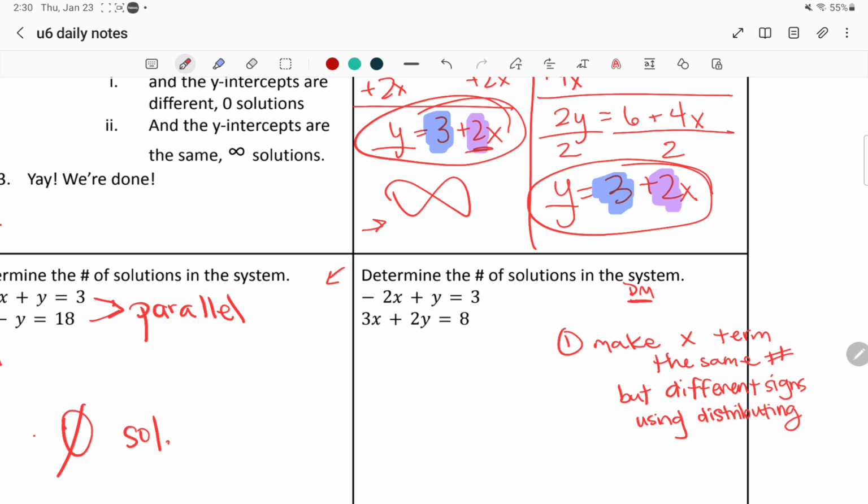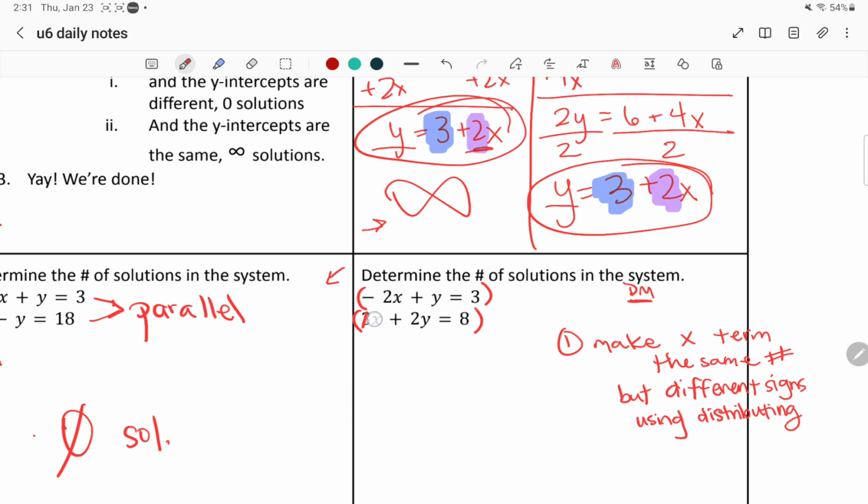It sounds like a lot, but again, I want to show you what Delta Math is showing you. Sorry, I've got the baby. What I mean is I want to multiply both whole equations by a number so that these two numbers become the same but with different signs.